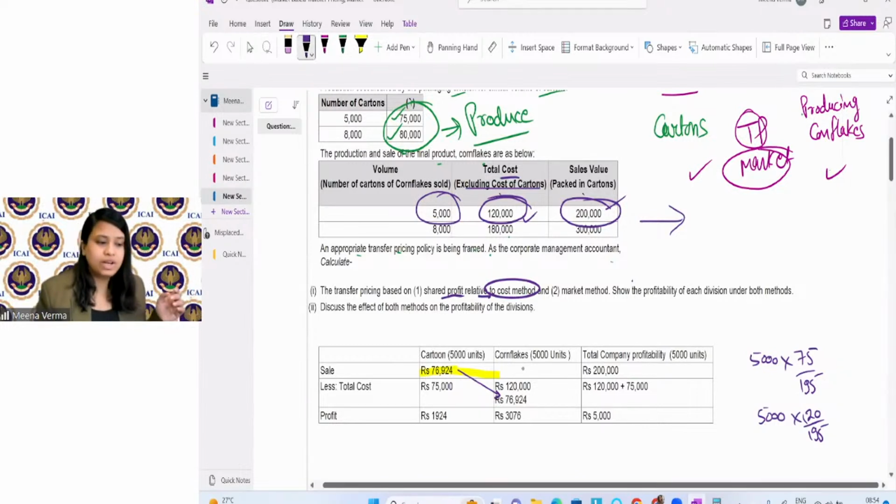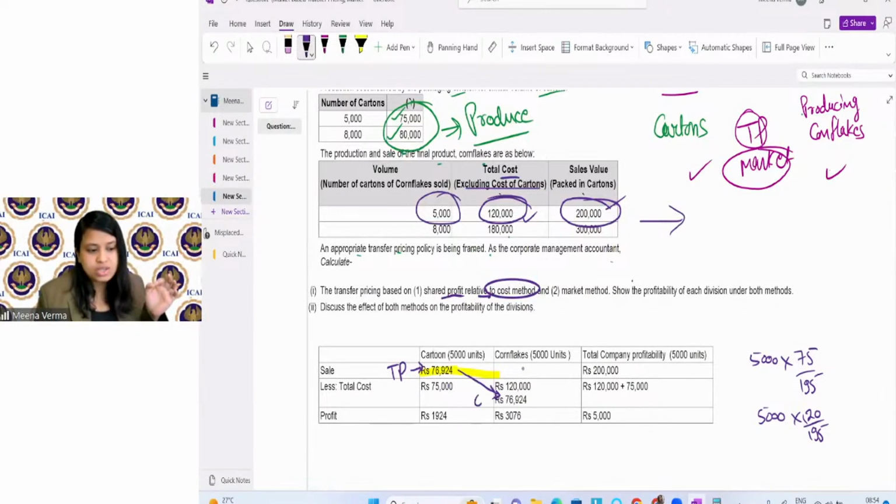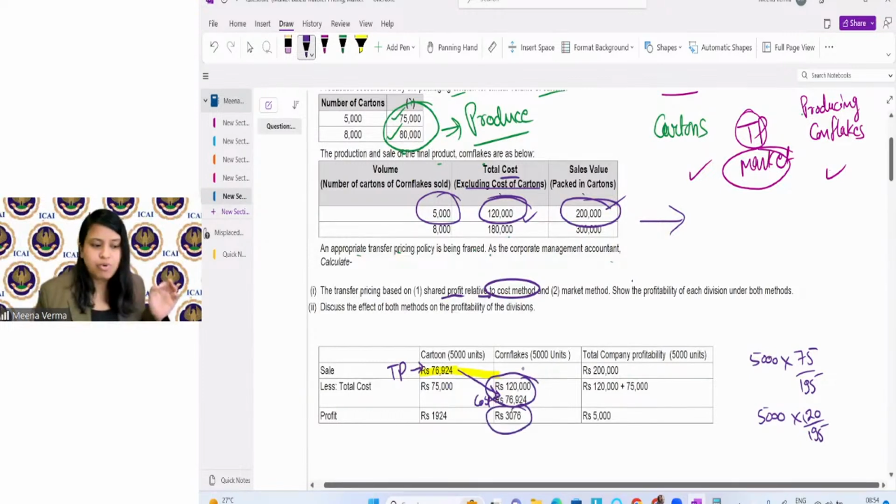This will be the final sale value of the product, right? Because this is the transfer price of the cartons, it will become the cost here for this division. So this will be the total cost. This is the profit you want to earn. So accordingly, the final sale value of this product will be decided.